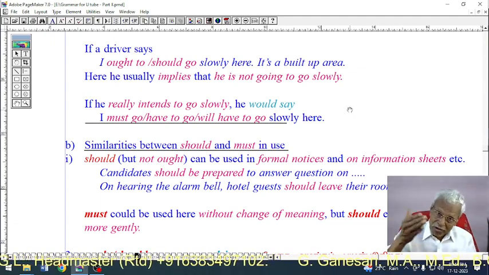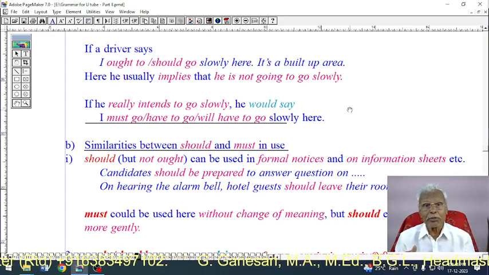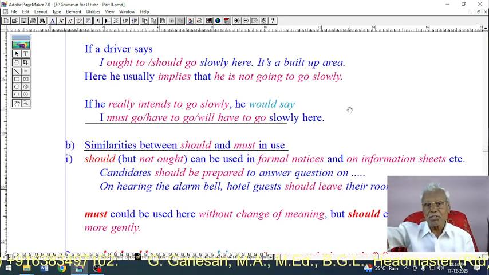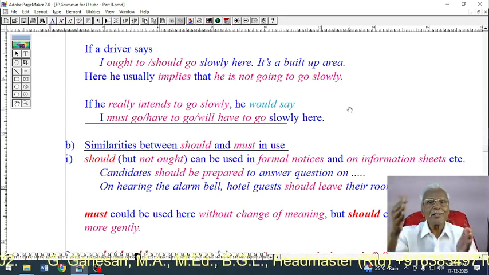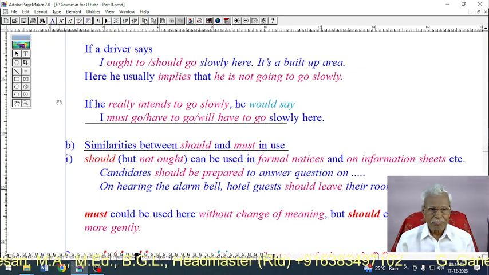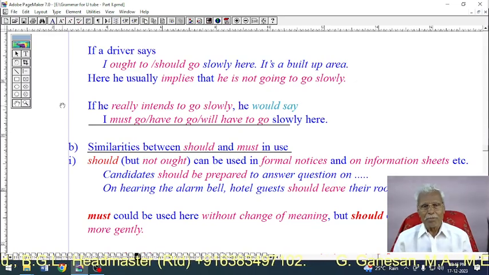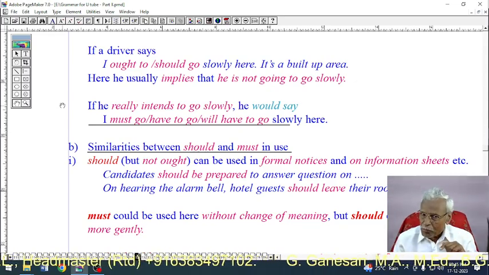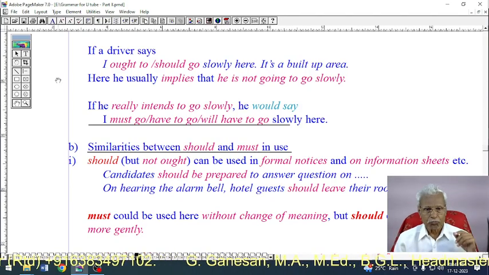But if it is not his intention, but the authority of the speaker or outside authority, then we have to use should. For the intention of the speaker, must. When the intention of the speaker is not the issue, but something outside, should.